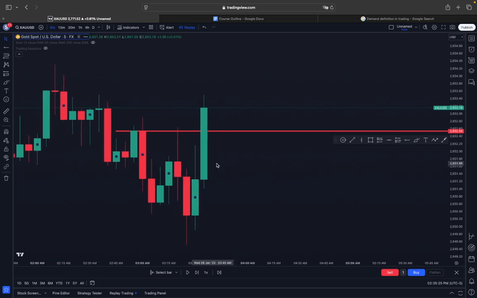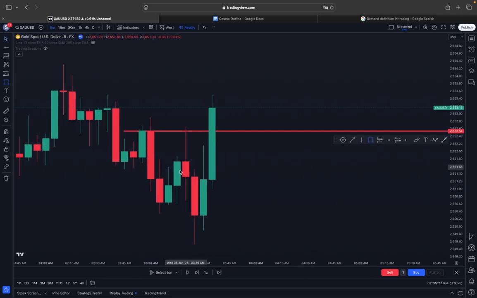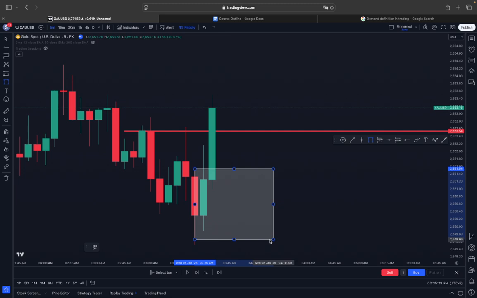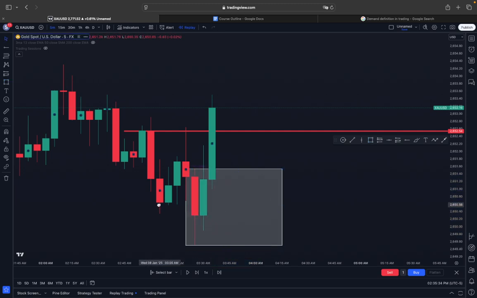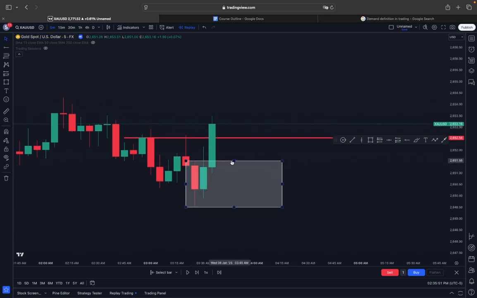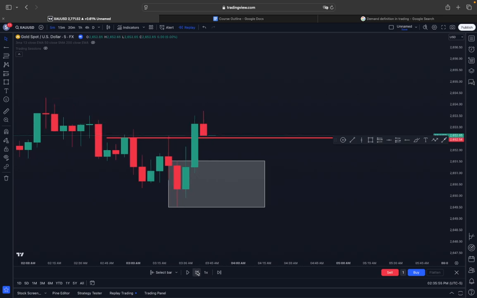This is exactly what I mean, though. You don't want to see this. You don't want this because price went up, tried to get out of there, rejected, came back inside. They left a wick here. But yes, it did then go and buy up, but this would be low probability demand causing this.